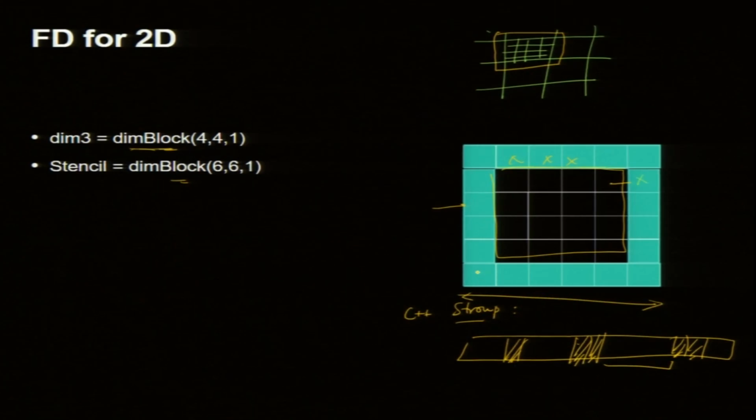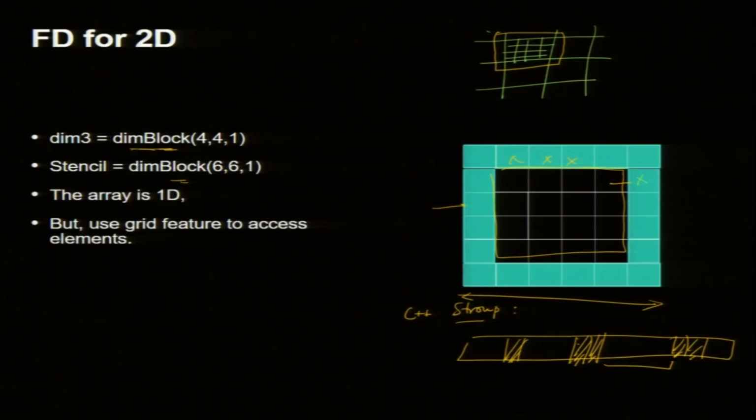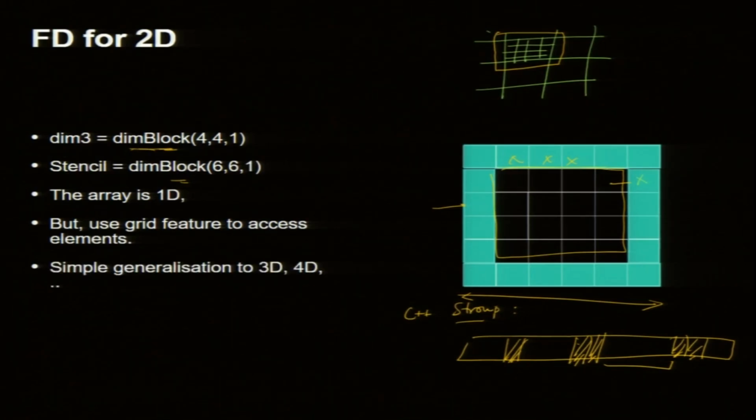So, fill the stencil in a 2D grid, and for 3D it will be a cube, so it is more complex, but it is going to be 6 by 6 by 6. We can also do it for 4D. 4D is not unusual; it is used in field theory, and you can think of the Ising model in 4D.